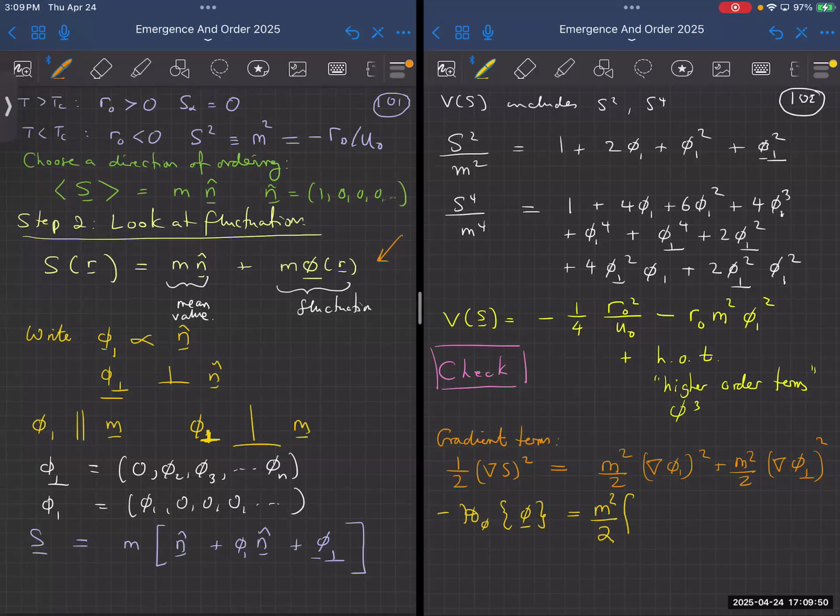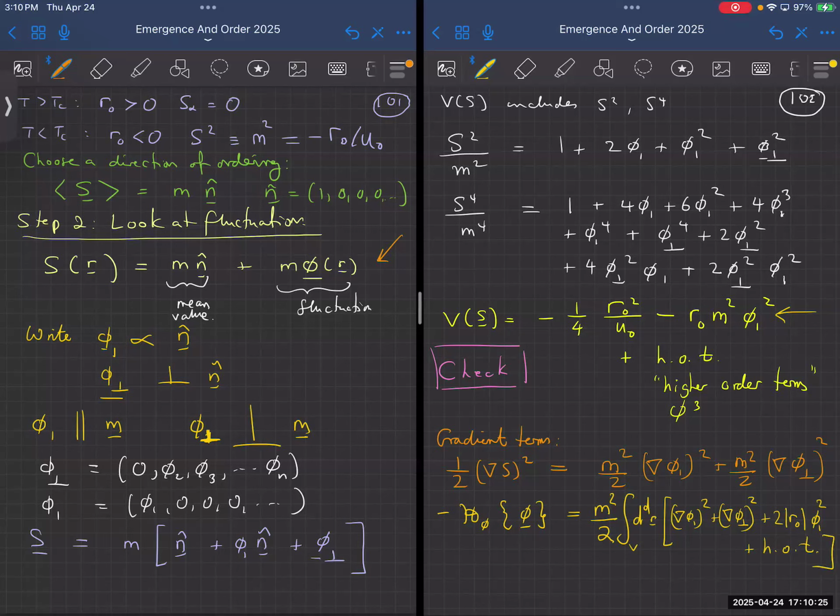And then I have the integral over all the space, over the volume of my system. So I have the term grad phi 1 squared. I have the term grad phi perpendicular squared. Then I have this term over here, which is just 2 times the magnitude of R naught times phi 1 squared plus higher order terms.